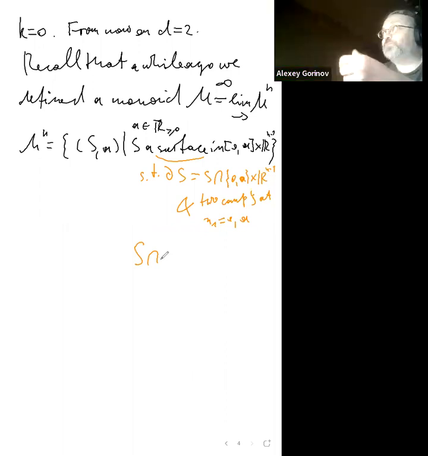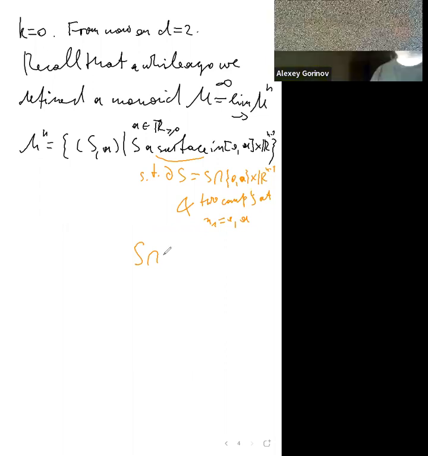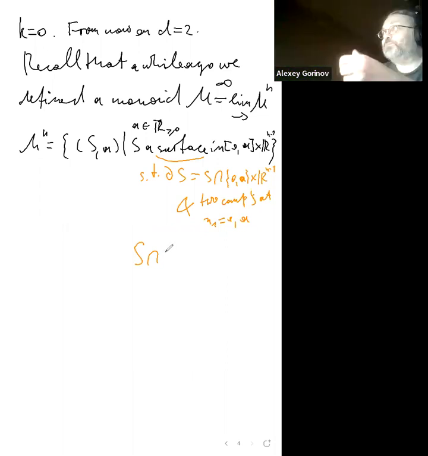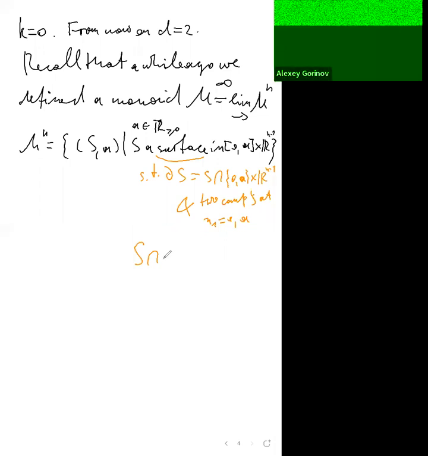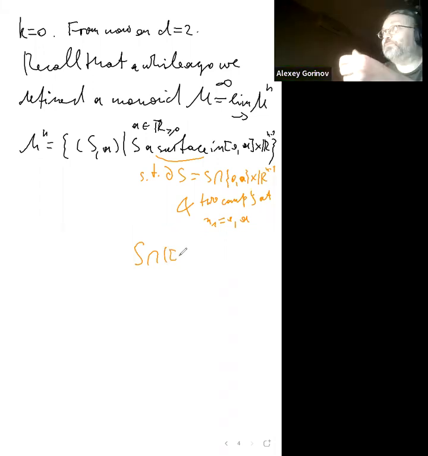I want the bottom half of S to be standard. What is the bottom half? Well, the bottom half is, shall we say, -1, 0.